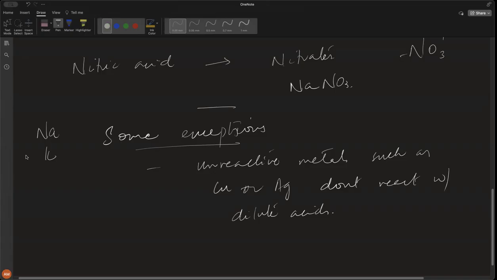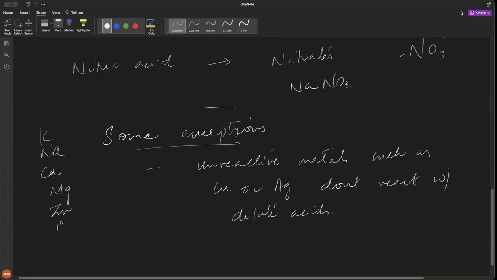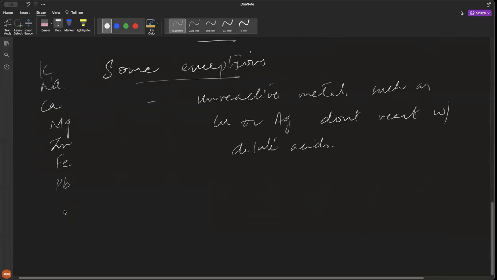The reactivity series, sorry, it was supposed to be: potassium, sodium, calcium, magnesium, zinc, iron, lead, hydrogen, copper, and Ag.